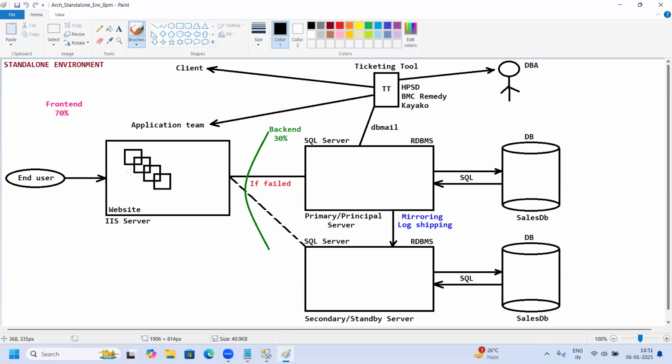You assume it is an Amazon kind of website, or Flipkart, Shopsy, Snapdeal. It is one website, and that website is running on an IIS server. Who is taking care of this website? Since it is related to coding and programming, the application team will take care of it.